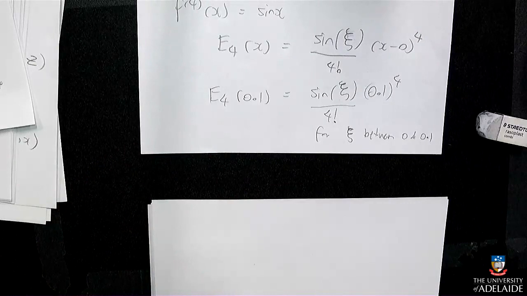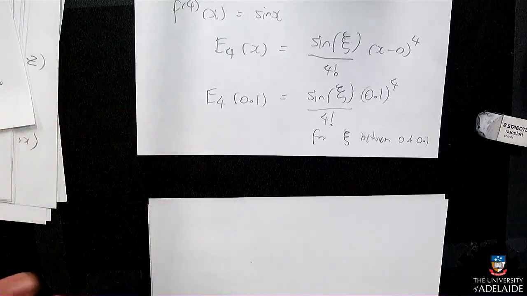So I need to pick a number for psi that I know will definitely make this error too big, because worst case scenario is that the error is big. And so if I can say, well, I don't know what it is, but it's definitely less than like 0.03, that's what I'm going to have to do.